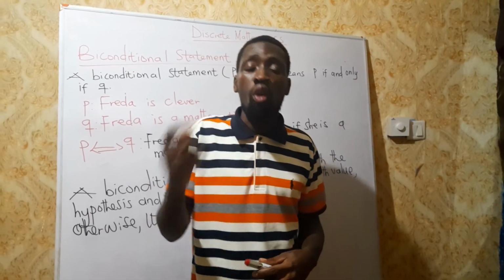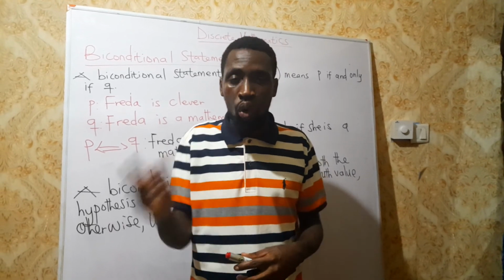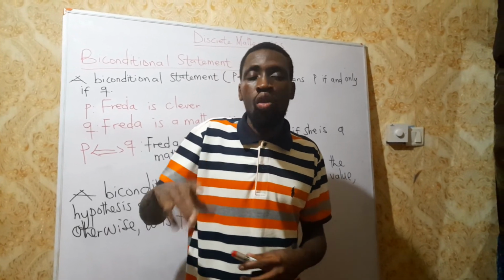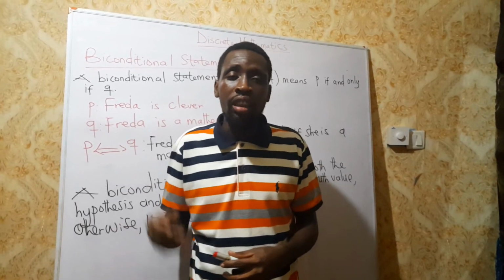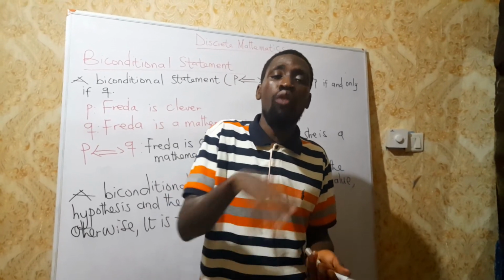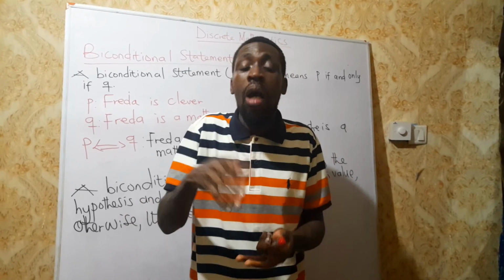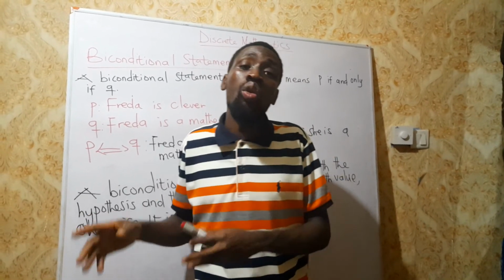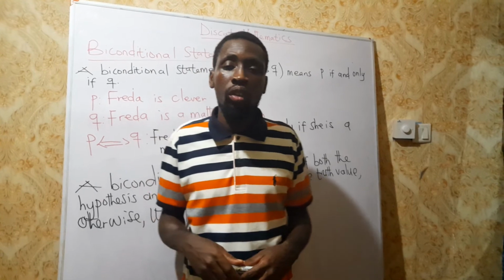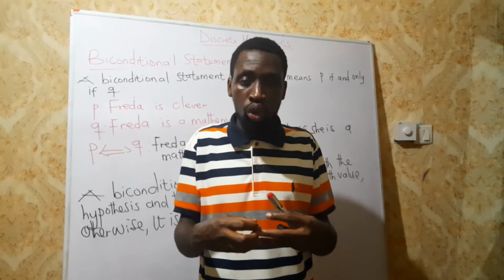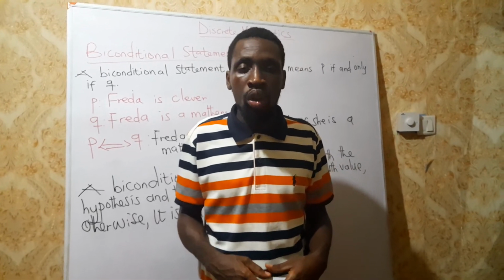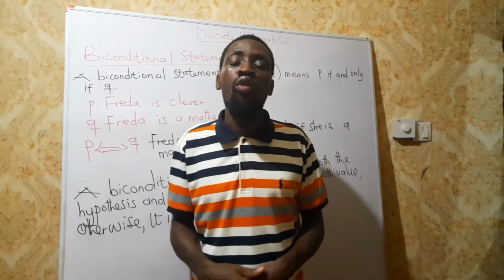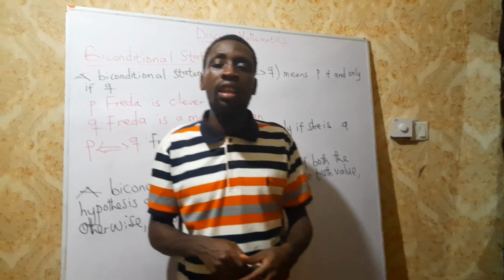It becomes false if the hypothesis is false and the conclusion is true, or the hypothesis is true and the conclusion is false. As long as both are false or both are true, then the statement is true. So look at the truth table for a biconditional statement.